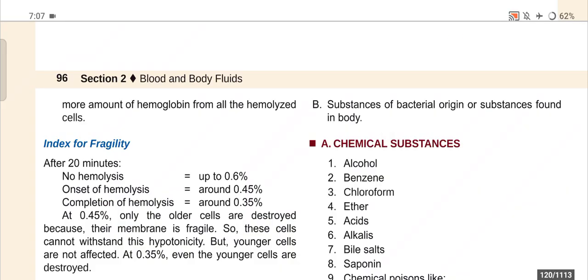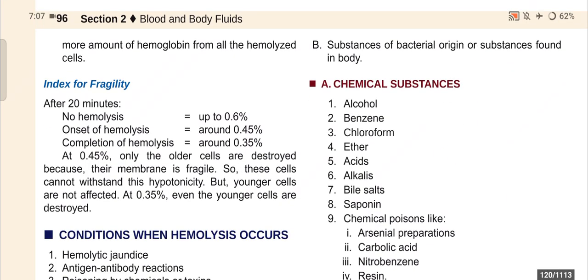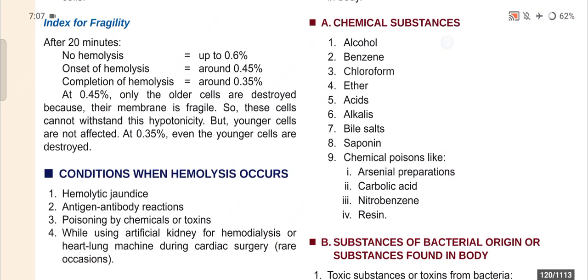So start with the chemical substances. Number 1, alcohol, benzene, chloroform, ether, acids, alkalis, bile salts, saponin. Then chemical poisons like arsenical preparation, carbonic acid, nitrobenzene, resin.